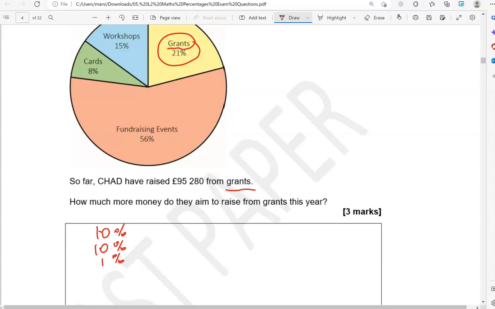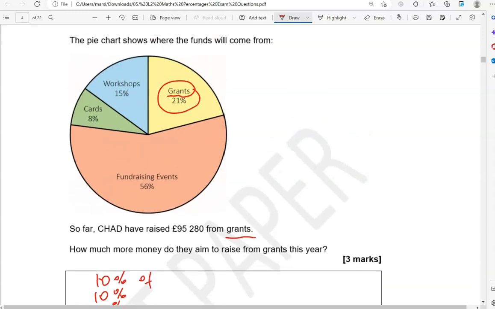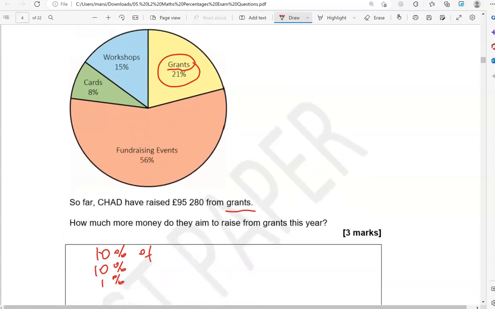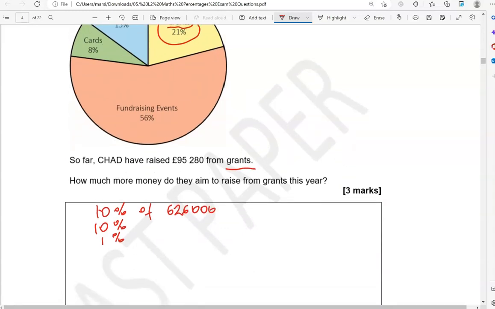So 10% of 626,000 we work out by dividing 626,000 by 10. As it's a whole number ending with zeros, that means knocking off a zero at the end.